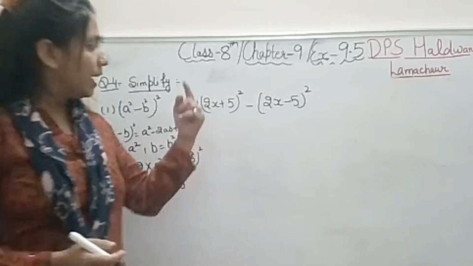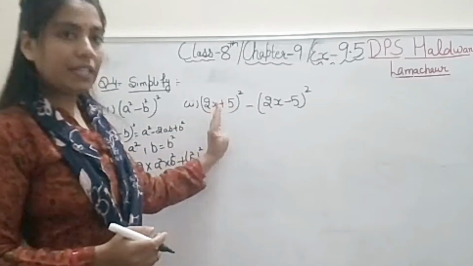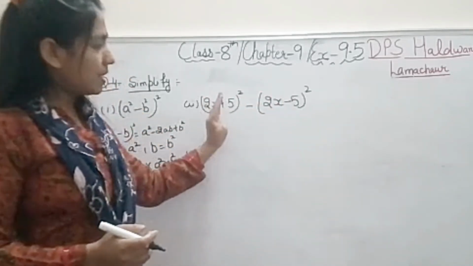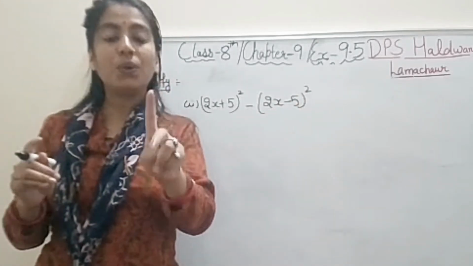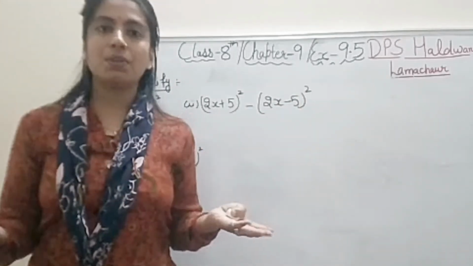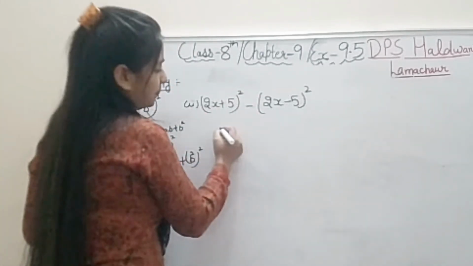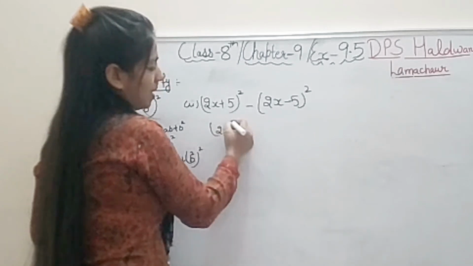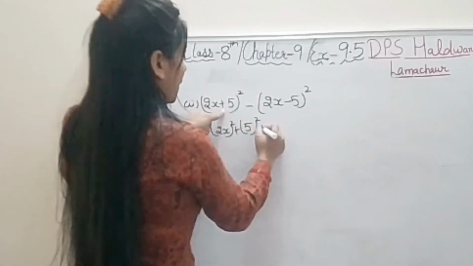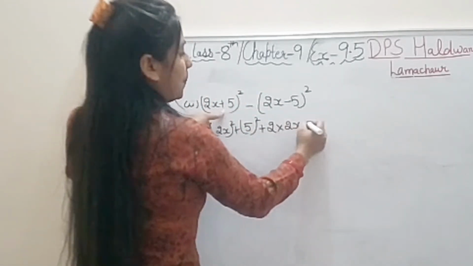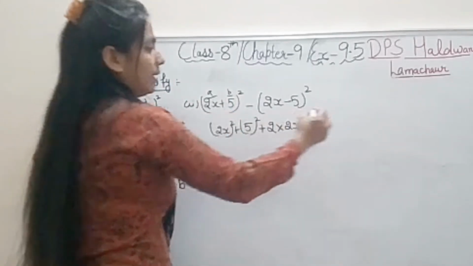Now coming to our b part. Again we have a plus b ka whole square, and this is one term, this is another term: a plus b ka whole square, and here is a minus b ka whole square. In one question only two identities are used. So write down directly. I am doing a square plus b square plus 2ab, because this is a and this is b, right?